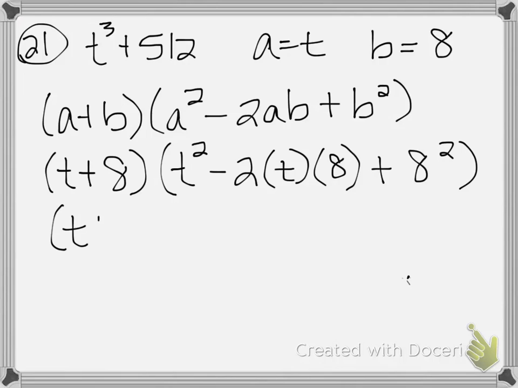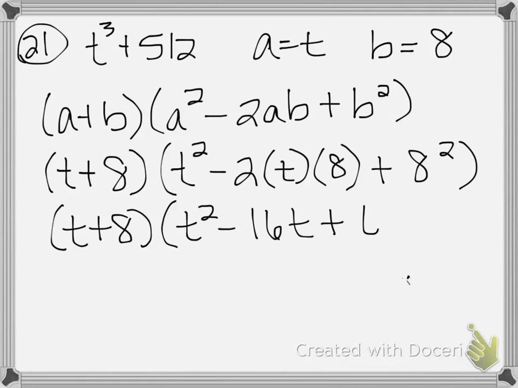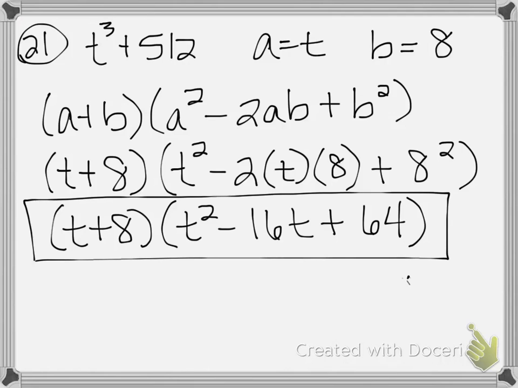So T plus 8, T squared minus would be 16T plus 64. A squared minus AB plus B squared.